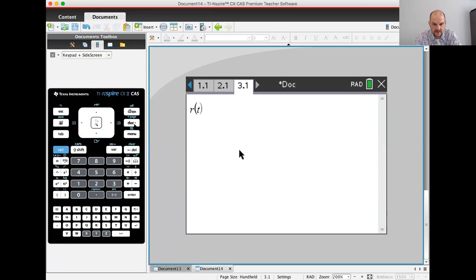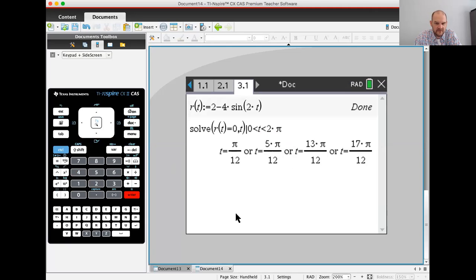r of t is 2 minus 4 sine of 2t. What if I got that wrong? Solve r of t equals 0, comma t, 0 to 2 pi. This will be really disappointing. Okay, no, didn't happen. So I think the large propellers are the integral of r of t squared, from 5 pi over 12 to 13 pi over 12.